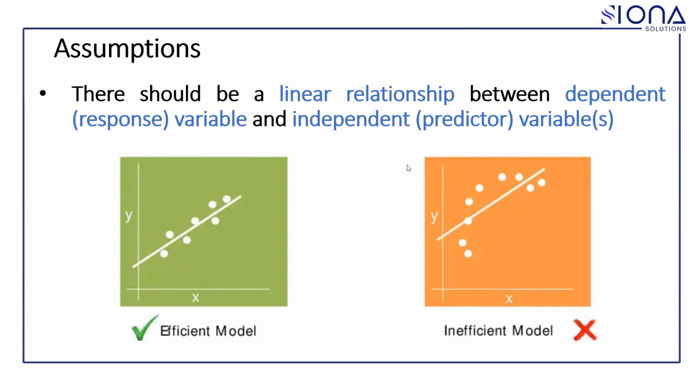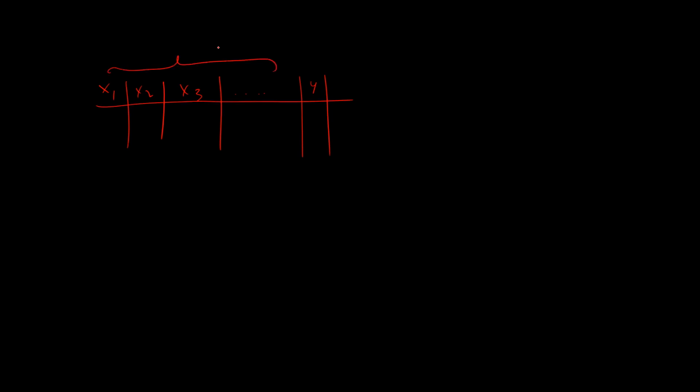Okay. Now, coming to the second assumption, it states that there should be a linear relationship between a dependent variable and an independent variable. In my data set, I have my independent variables or explanatory variables and my target variable or the dependent variable.